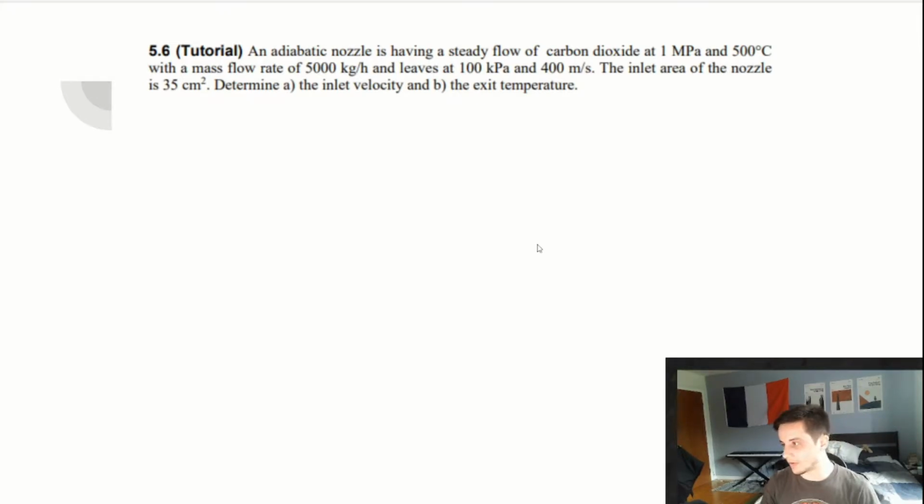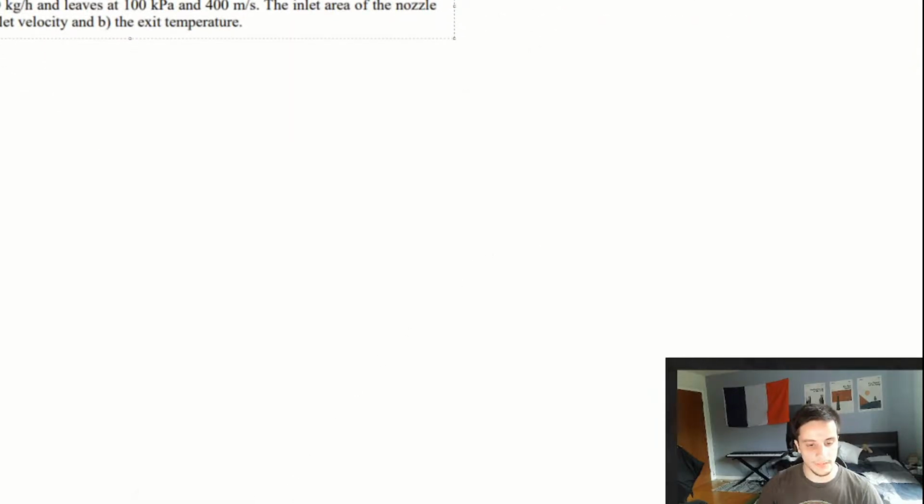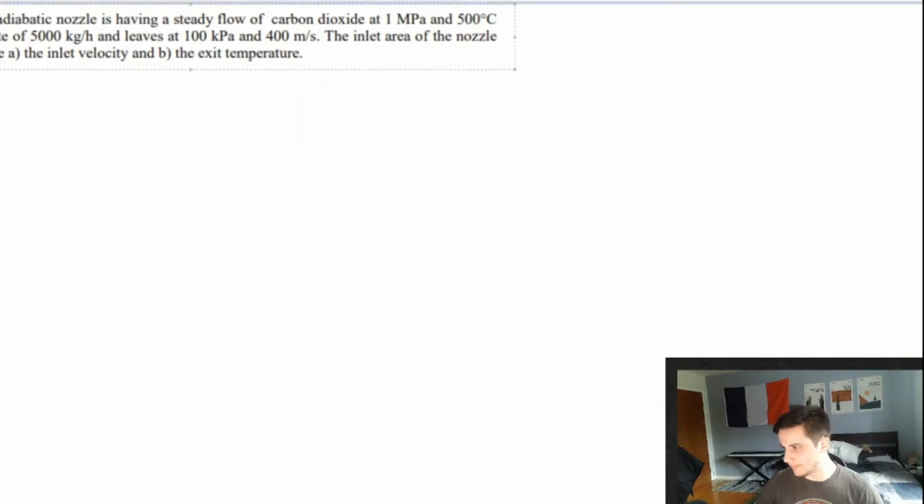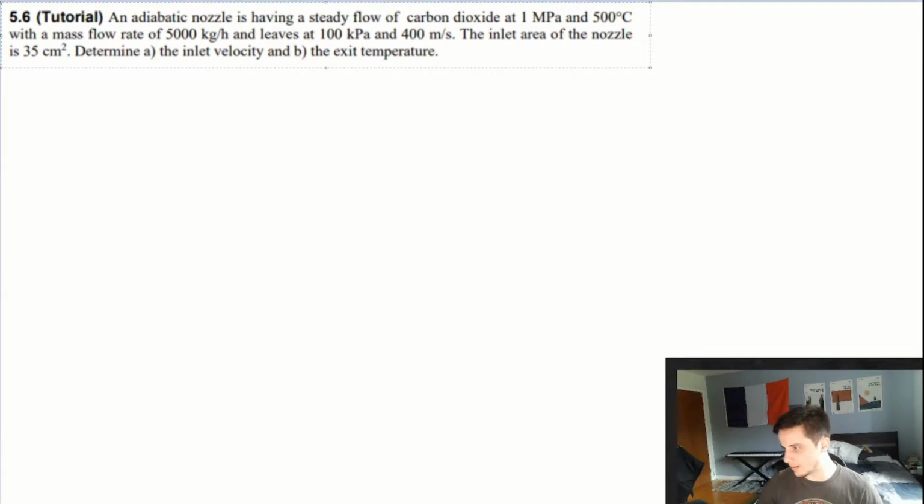Alright. So the way we're going to solve this exercise, for the first part especially, determining the inlet velocity. The first step is that we're going to try and find the inlet velocity, and to do that, we're just going to use the classic mass flow rate equation, one of the ones that I listed to you guys.